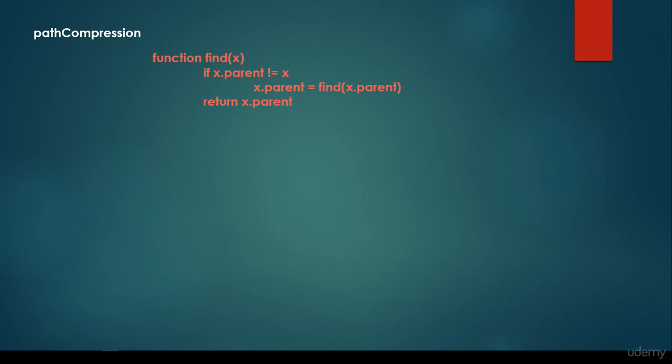So we are going to recursively set the parent to be the representative. I think it is a very, very elegant code. On the other hand, it is not so easy to read, but anyways, it is a very elegant recursive method call, and basically we set every vertex parent to be the representative until we bump into the representative itself, and then we return the x.parent.